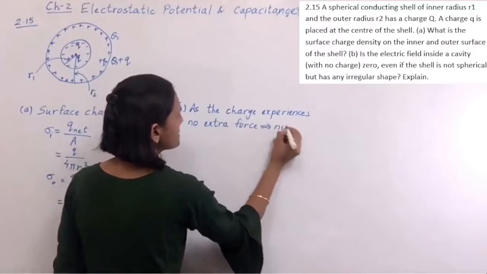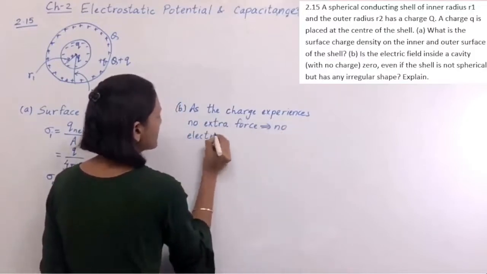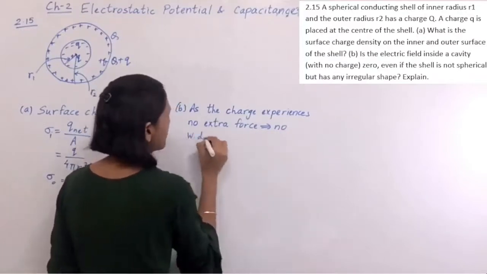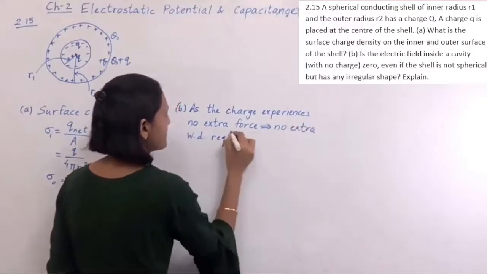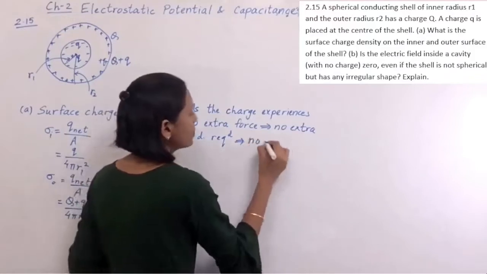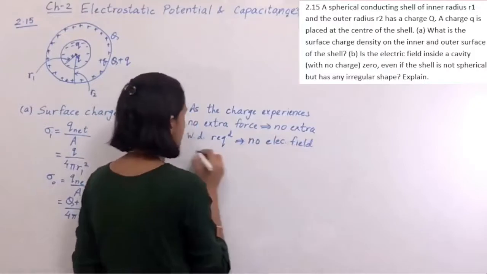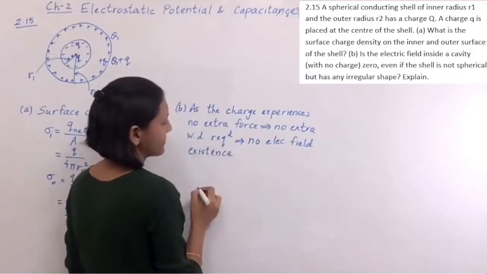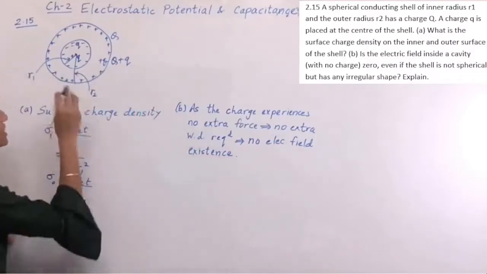That implies no extra work done is required. That is only possible when there is no electric field's existence. Right? This does not depend upon the shape.